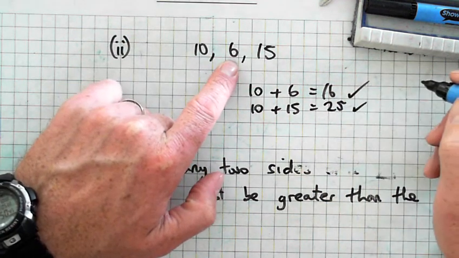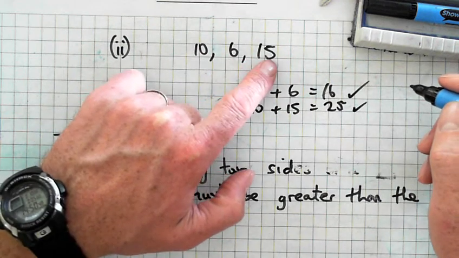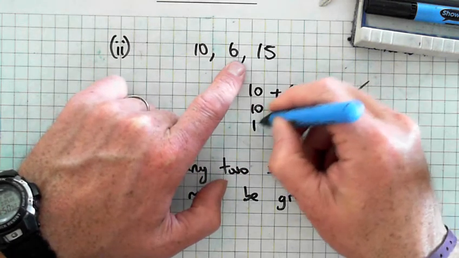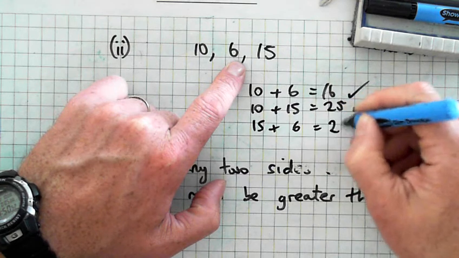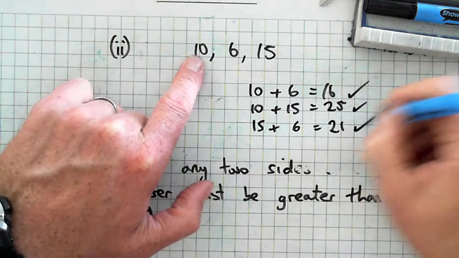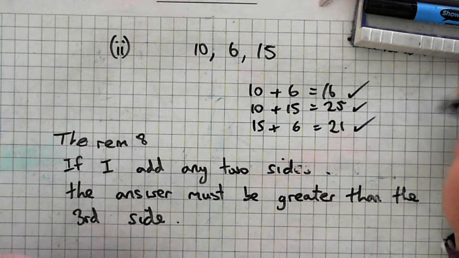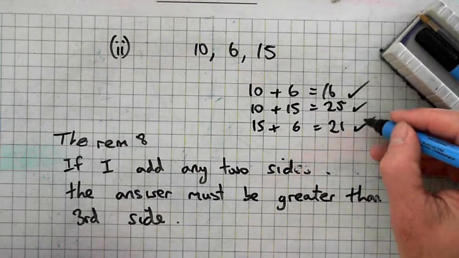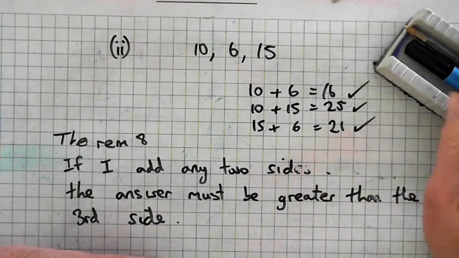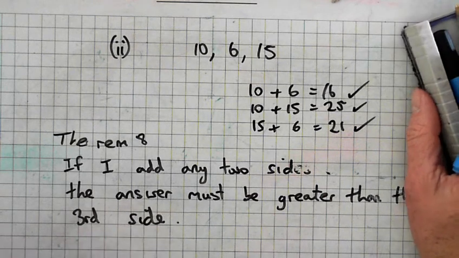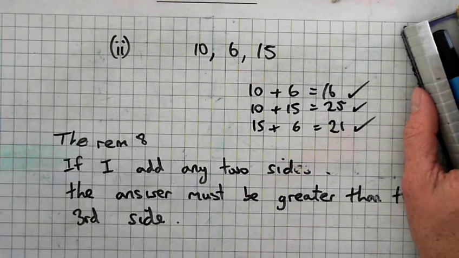Yeah, that's okay. And what other combination? 15 and 6. 21. Is that greater than the third side? Yeah, so it is possible to draw that triangle. That's all we're talking about, theorem 8. As long as those three are correct, then it is possible to draw that triangle. Okay?